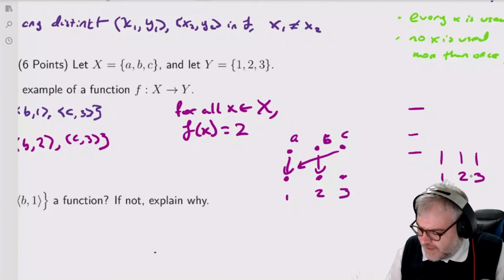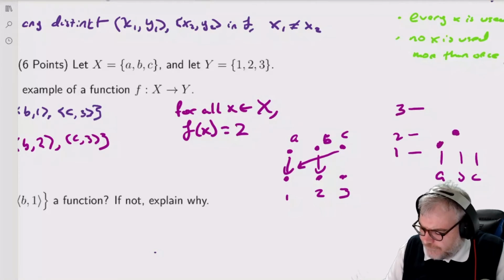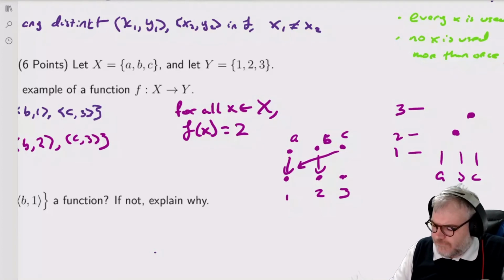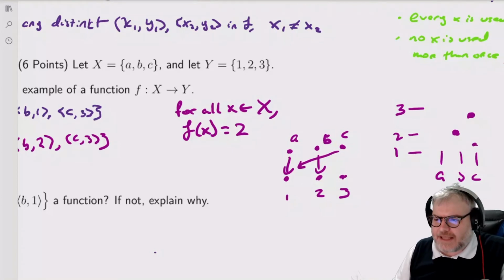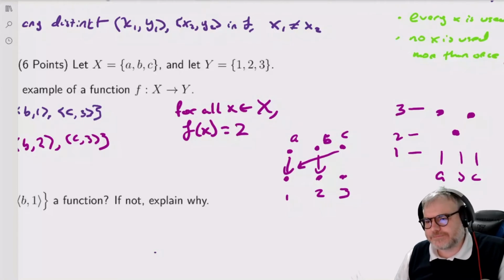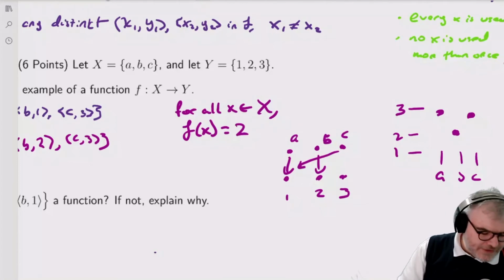Oops, nope, those are the y values. A, B, C, 1, 2, 3. This would have been full credit. This would have been nothing, right? That's wrong. But that would have been full credit. Okay? 1 to 5, how do we feel about number 2 there?